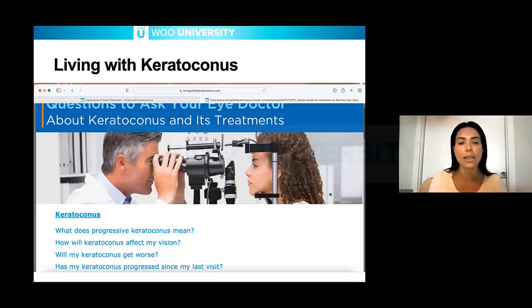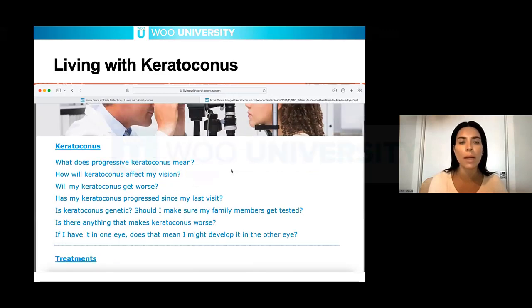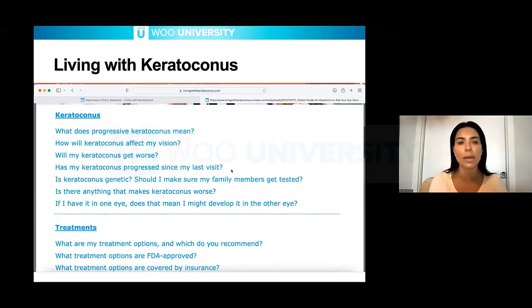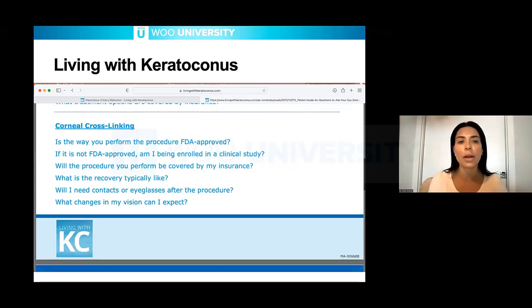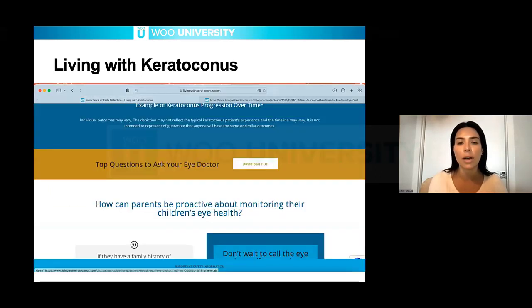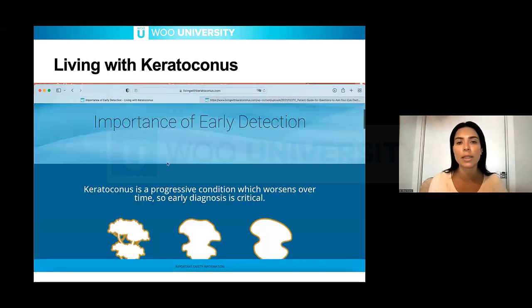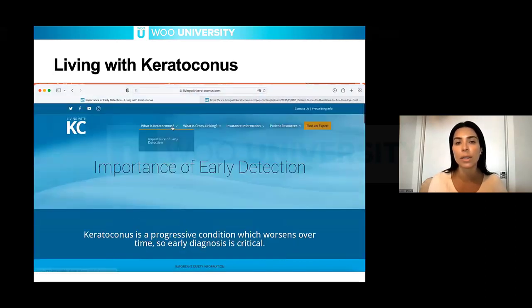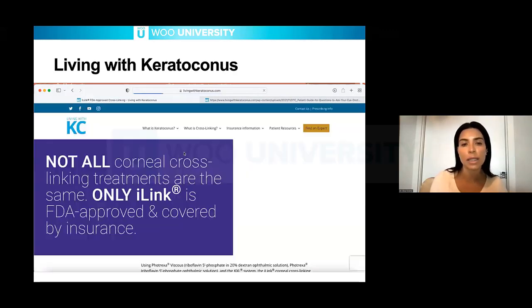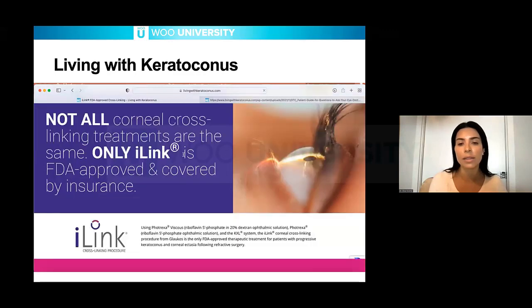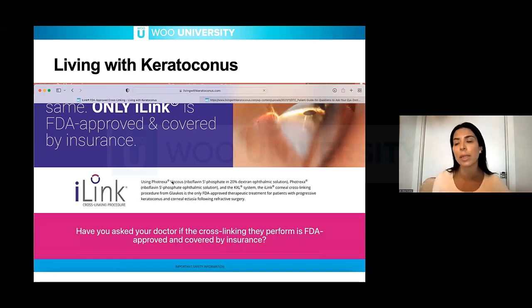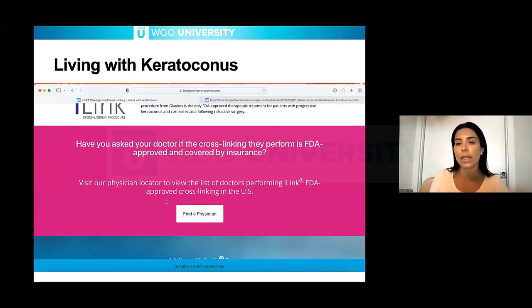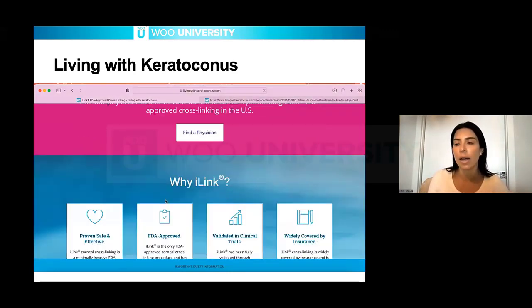So I really like this PDF. It explains what keratoconus is, again, what progressive keratoconus is, treatments, about cross-linking. So obviously this website is a little bit more focused on cross-linking, which is really important, of course. And it talks about the FDA approved procedure for cross-linking. So again, very useful information for patients, especially patients who you are referring out for cross-linking.